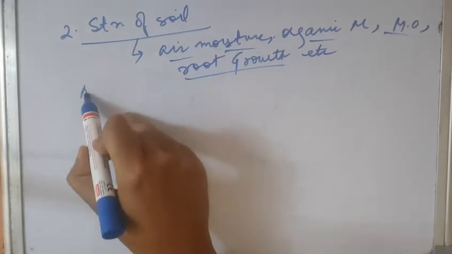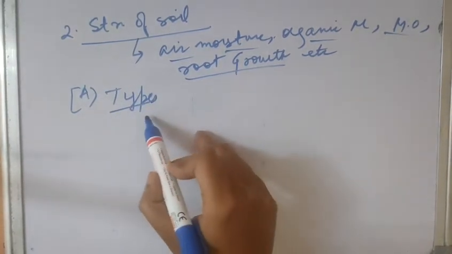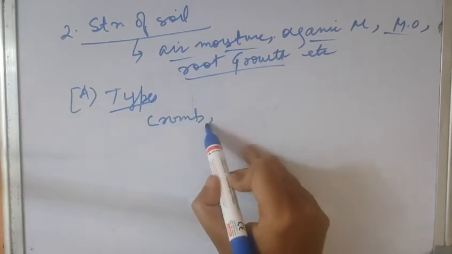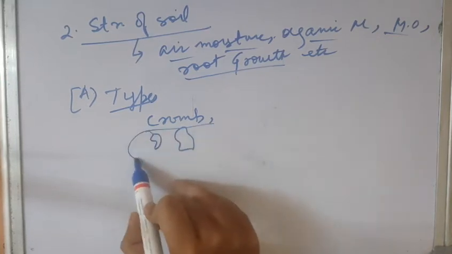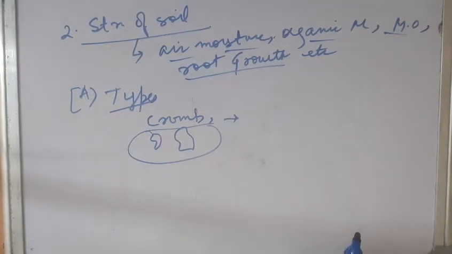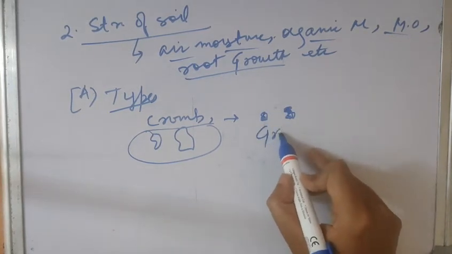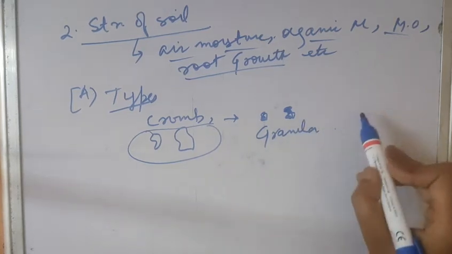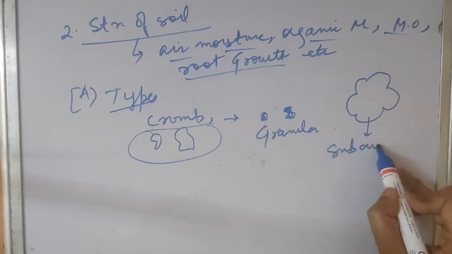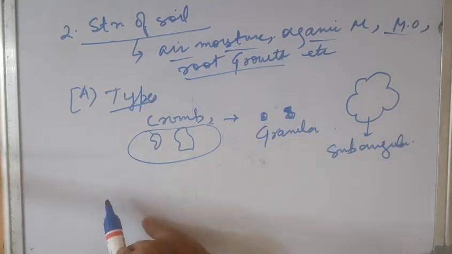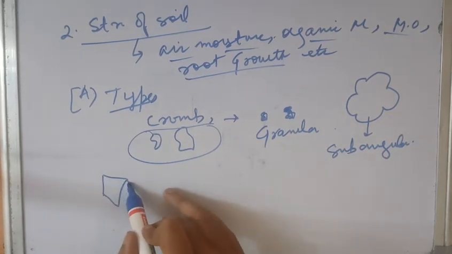So first of all, moving on to the types, we have crumb. In crumb you will see a small irregular shape. We have granular, these are smaller than crumb. We have subangular, this shape. We have angular blocks. In some angle, suppose this is the shape of soil, it will be in some angle.